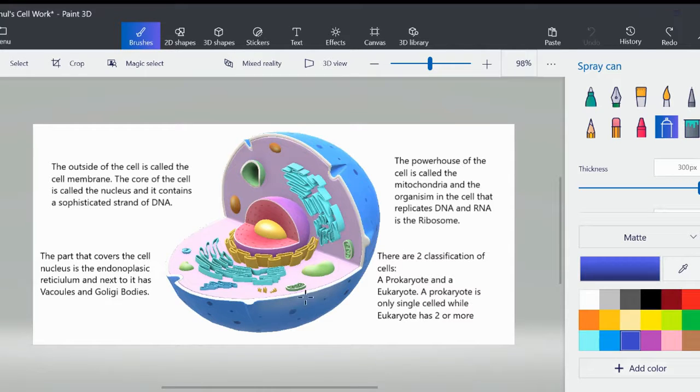So the Golgi body is the blue one right here. You can see this. The Golgi bodies contain water, food, waste, and all of those other things. So this is really important. If the cell does not have food to eat, then it will eventually die.